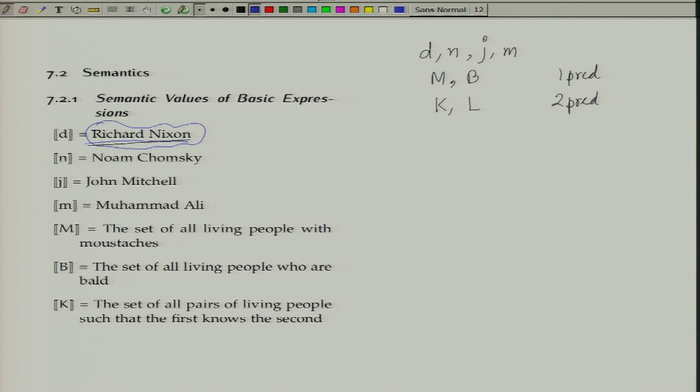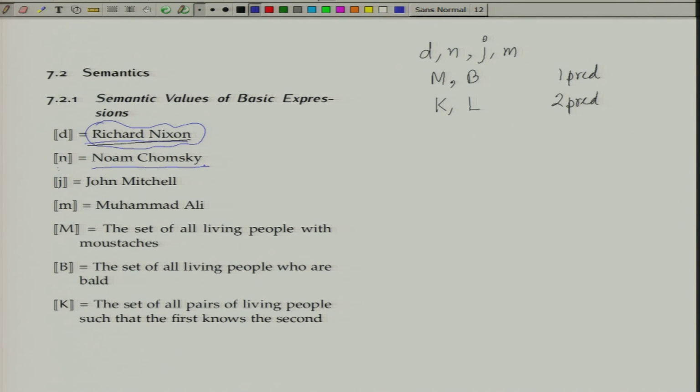D is his name, and then N is a name, but Noam Chomsky is not a name, it is the real person. Let's pretend that this is a real person, and the same about John Michel. And finally, M is Muhammad Ali, and M is the set of all living people with moustaches. The reference of B is the set of all living people who are bald.